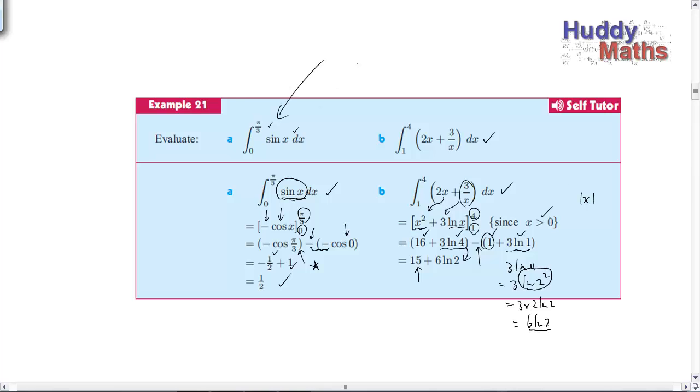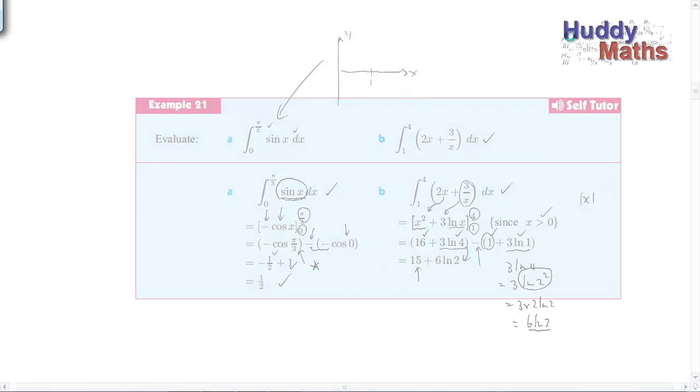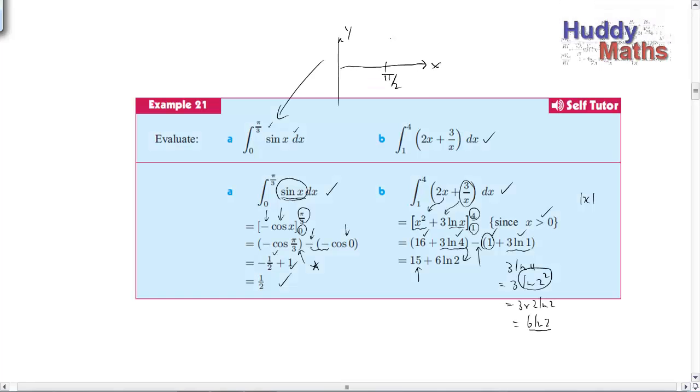Let's come back over here and have a look at the graph of sine x from 0 to pi on 3. You know that sine has a maximum, and we'll just stop that there for the minute. So if we plot that maximum, and we're coming up like this, that's pi on 2, so we're going to pi on 3, which is 2/3 of the way.